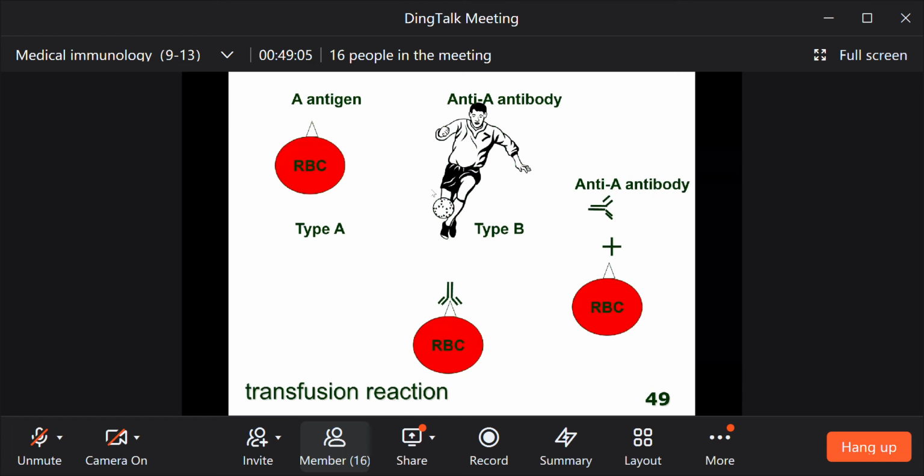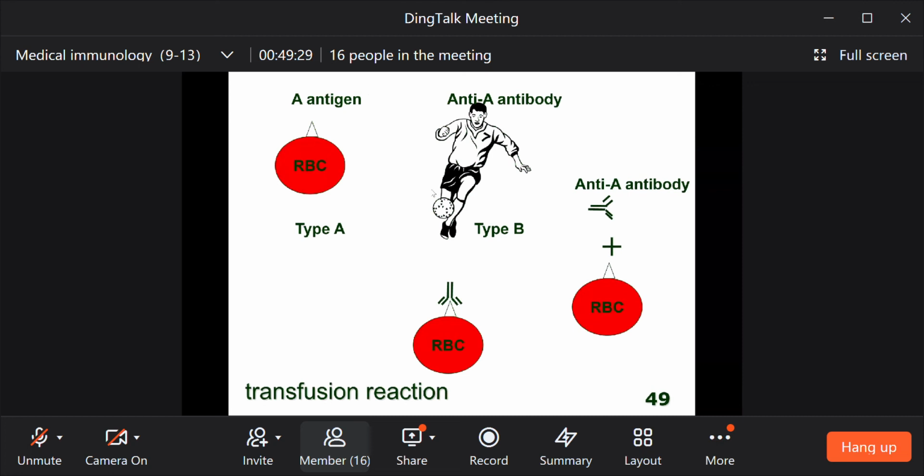So if we use the blood of B injected into the A person, the antibody A will combine with the RBC and bind to the A antigen.